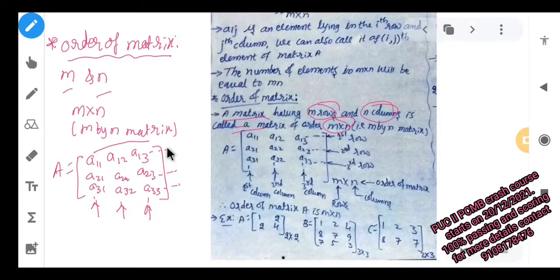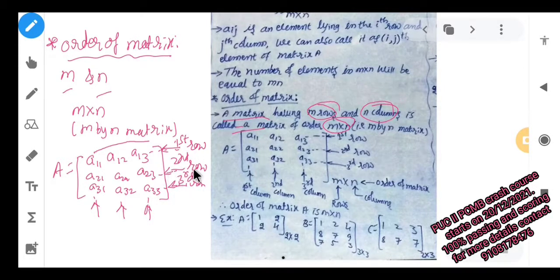As we discussed previously, let us see that once again. This is considered the first row, this the second row, this the third row.